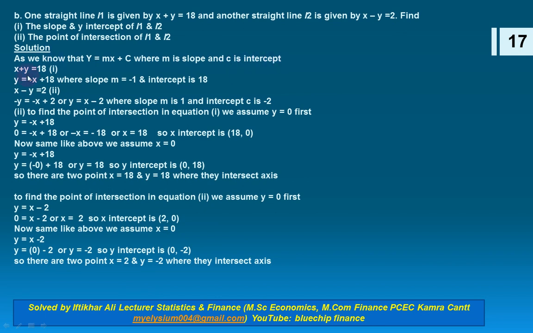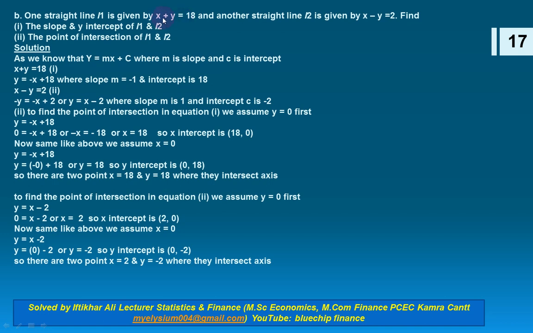So y equals minus x plus 18, because first of all we are taking the equation x plus y equals 18.